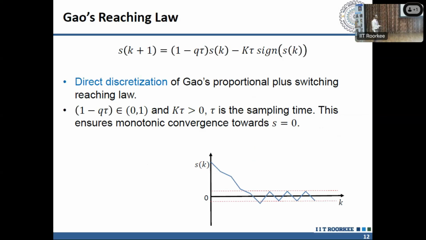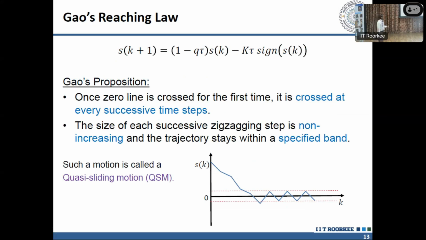Further things have to be ensured. Gauss proposed that we have to cross the 0 line, and for the first time it has to be crossed at every sample. At every successive step, it needs to be crossed. So recrossing must happen. And the size of each successive zigzagging step is non-increasing.